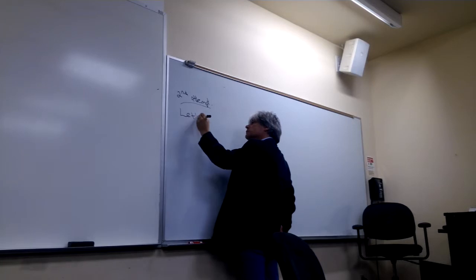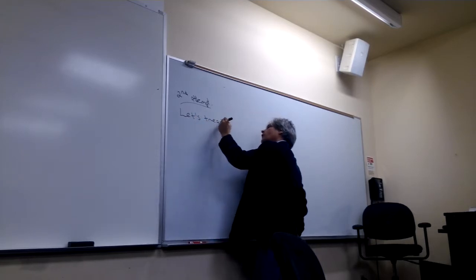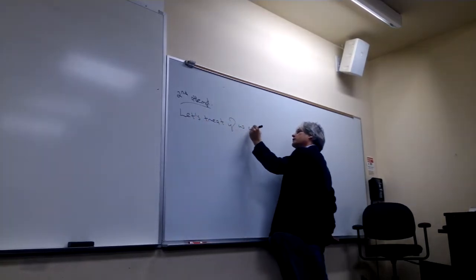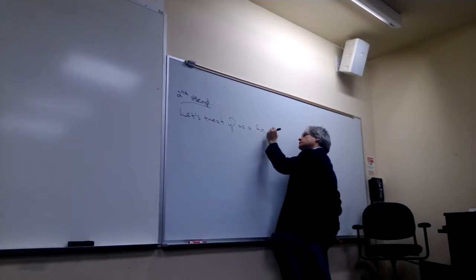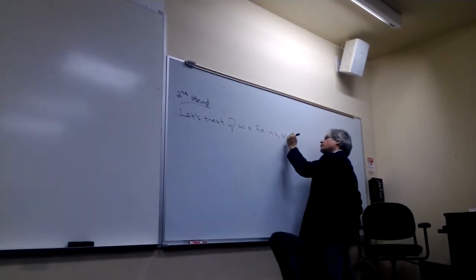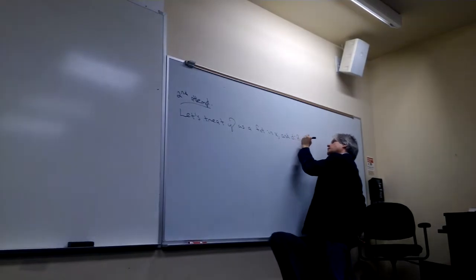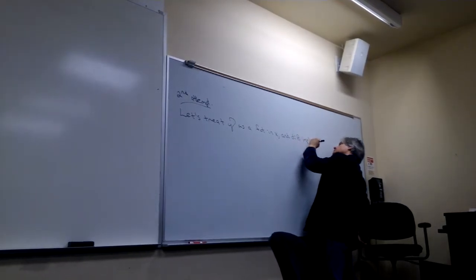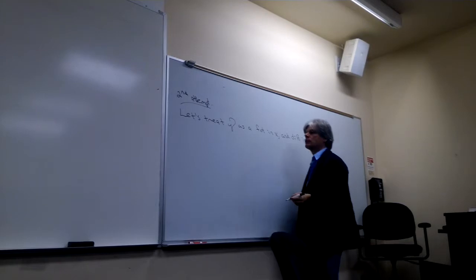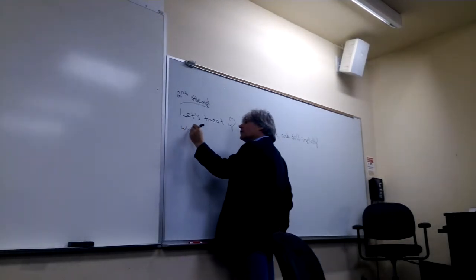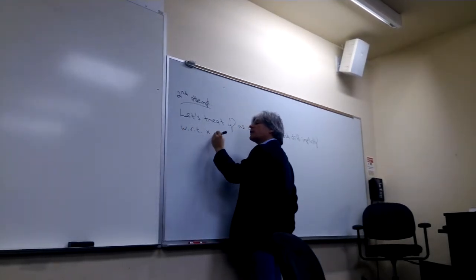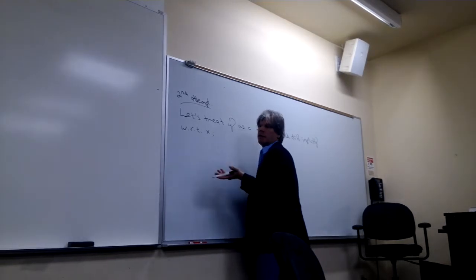Let's treat y as a function of x and differentiate implicitly with respect to the understood independent variable x. Let's just rewrite the first equation.